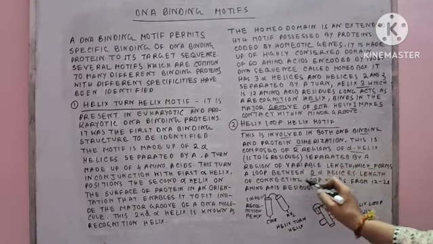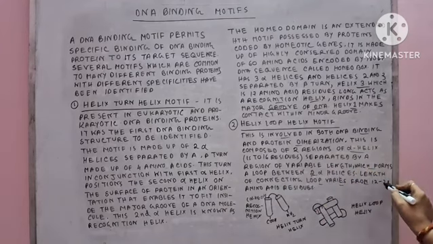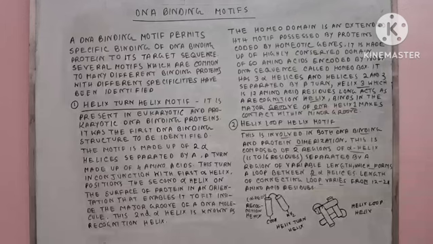The length of the connecting loop varies from 12 to 28 amino acid residues. So here generally 12 to 28 amino acid residues are present within the helices.